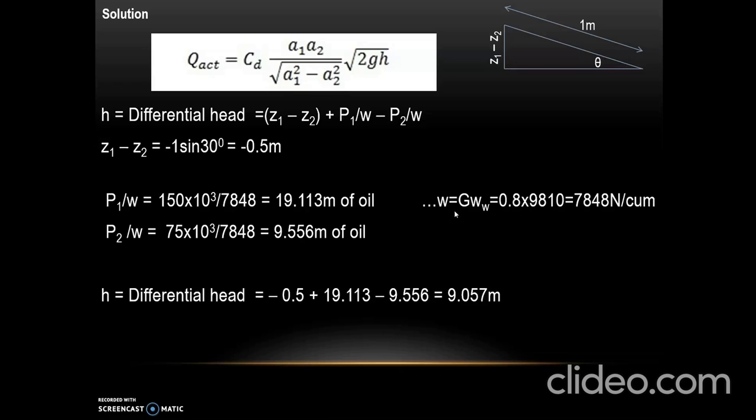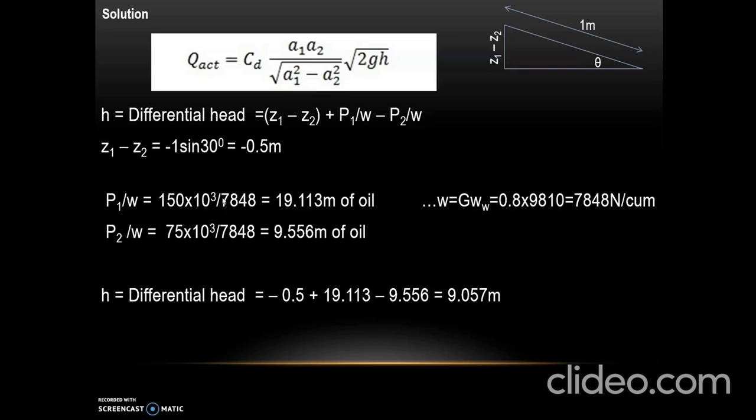So G is equal to specific weight of liquid divided by specific weight of water. So specific weight of liquid W is equal to G into specific weight of water, which is equal to 0.8 into 9810, which is equal to 7848 Newton per cubic meter.